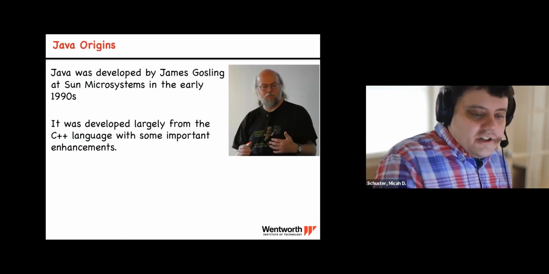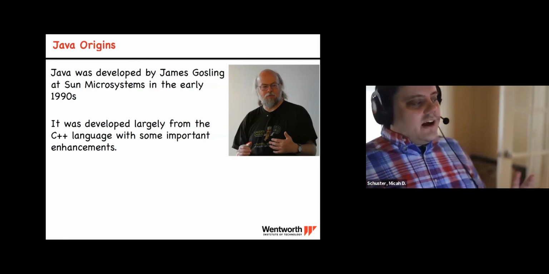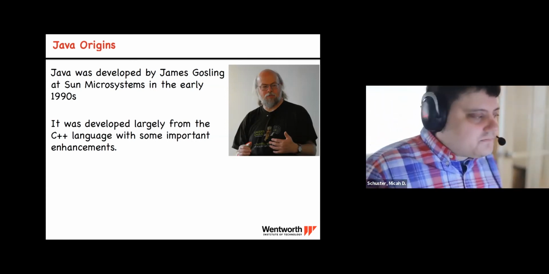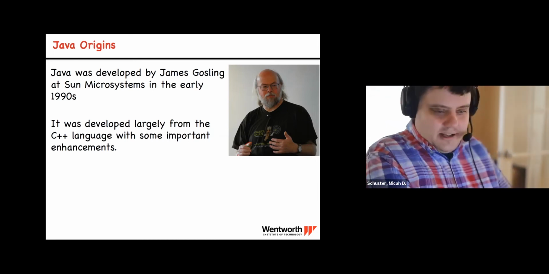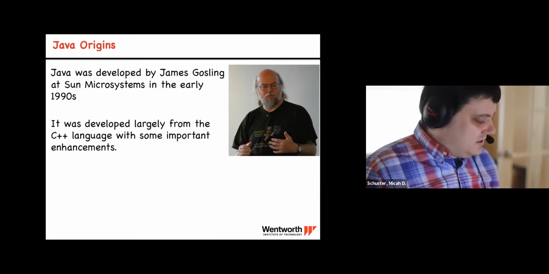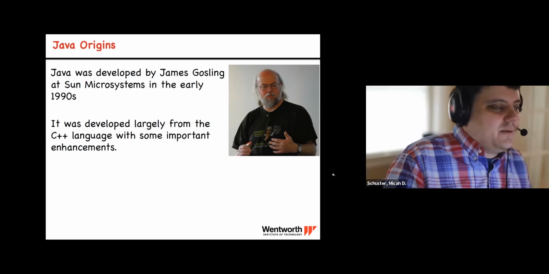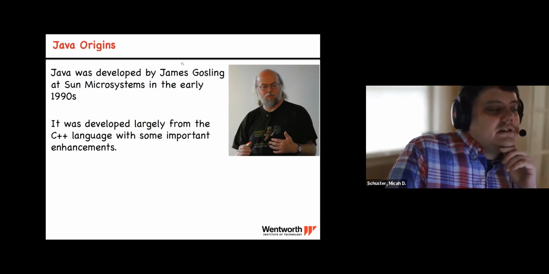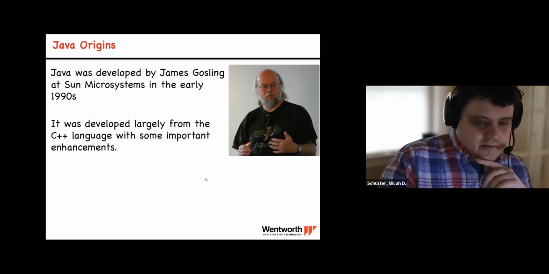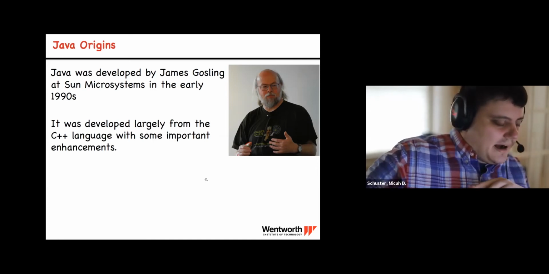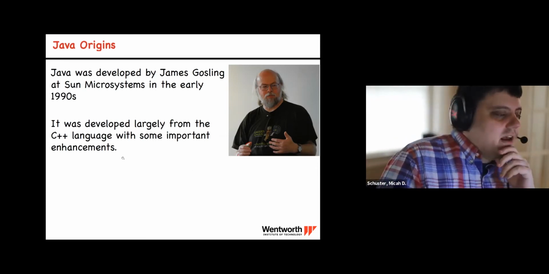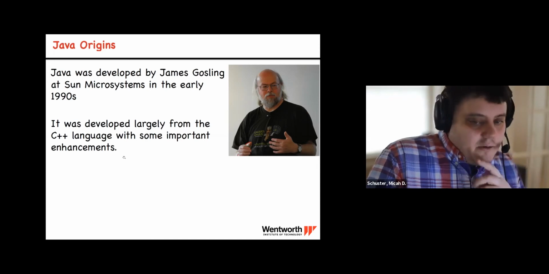As far as the origins of Java are concerned, it was developed in the early 1990s. At this point, I was pretty young, so I didn't get into Java or anything. I was just doing basic stuff on that pre-computer PowerPad. It was developed by James Gosling at Sun Microsystems, which eventually was bought out by Oracle, all that corporate stuff. It is a C-like language.